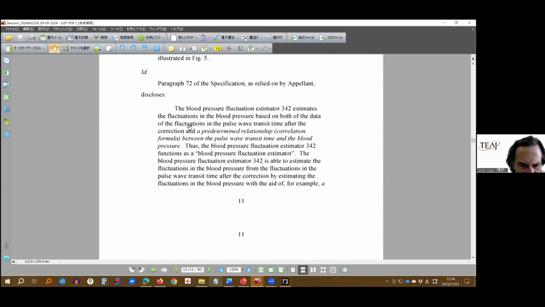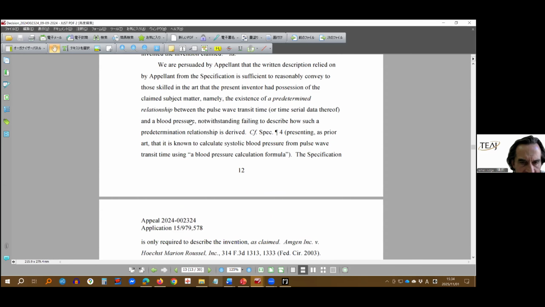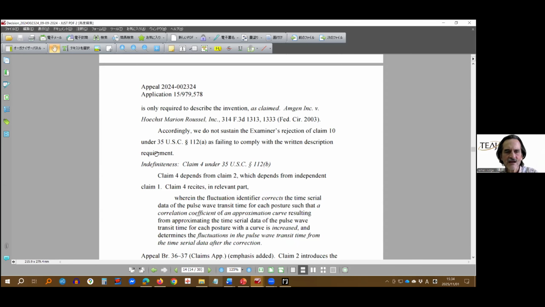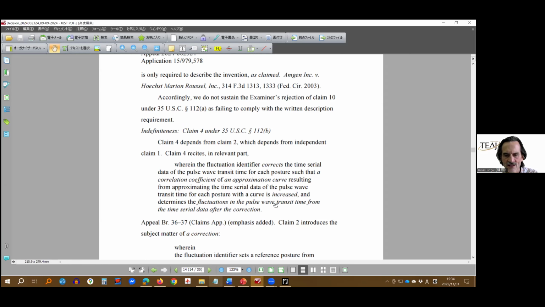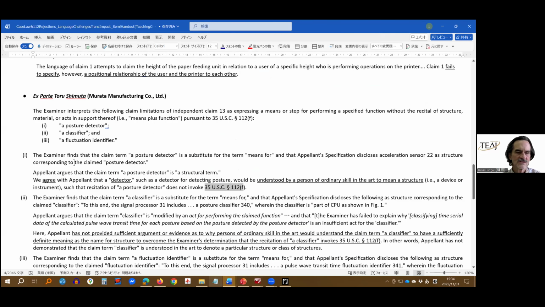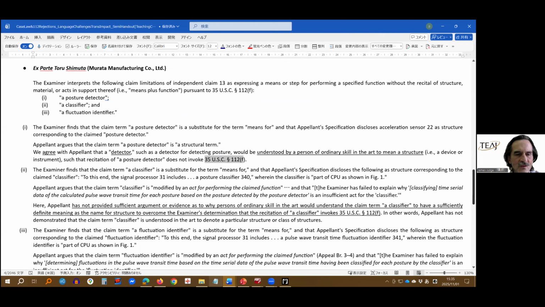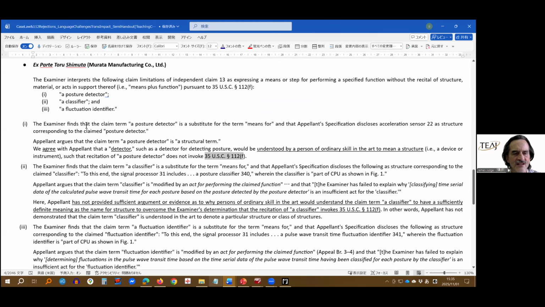So, well, I guess, yeah. Oh, okay. So here we have the 112B rejections of the claims. But anyway, what I wanted to do was just look briefly at this as a translation issue. Could we as translators have done anything with this?